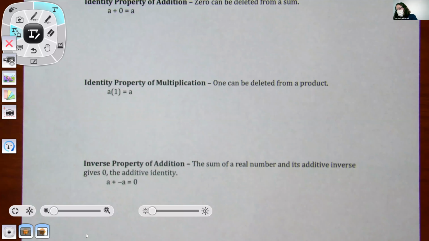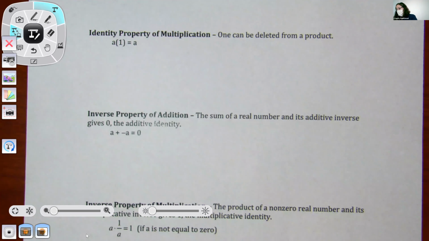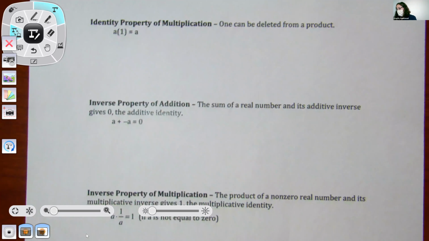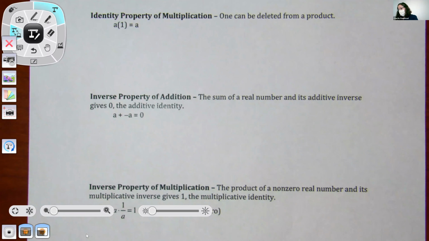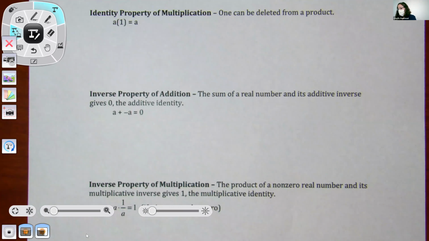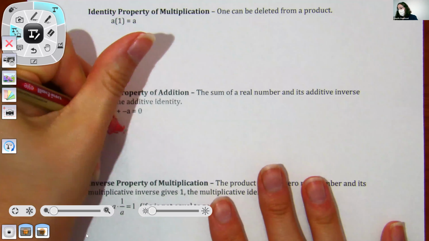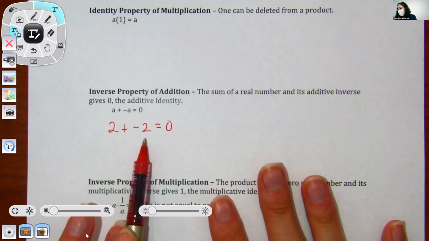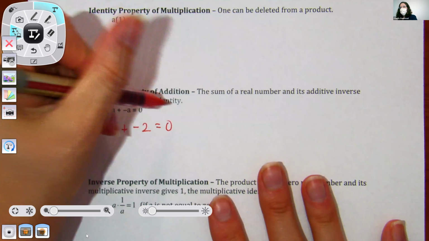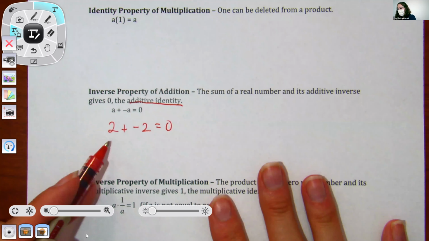Inverse property of addition: the sum of a real number and its additive inverse gives 0. So a plus negative a equals 0. Or in other words, 2 plus negative 2 equals 0.